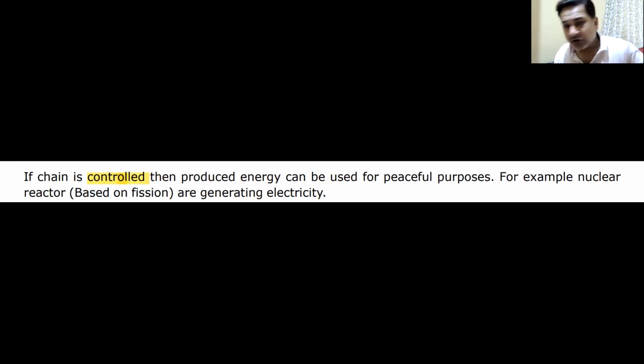But if that control goes away, if something goes wrong, a large amount of energy is released, and we have a disaster. And that is why Western companies are stopping nuclear reactors, and in India we are making nuclear reactors. We are some way behind those. Do we understand this?